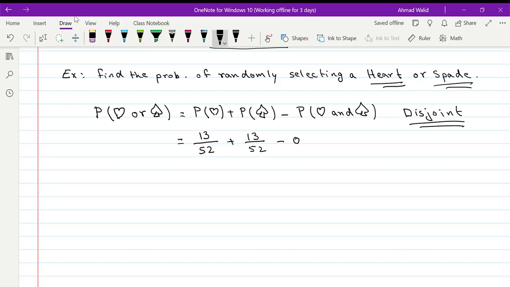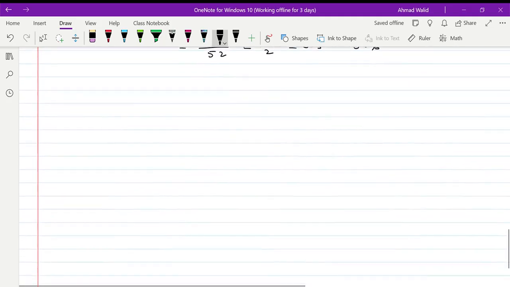Correct? Then it equals 26 over 52. And if you divide by 26 or by 2, it gives you 1/2, which means 0.5. And 0.5 means 50%. This probability is 50%. Correct? Let me give you another example.